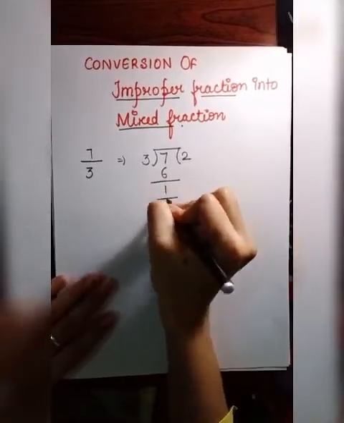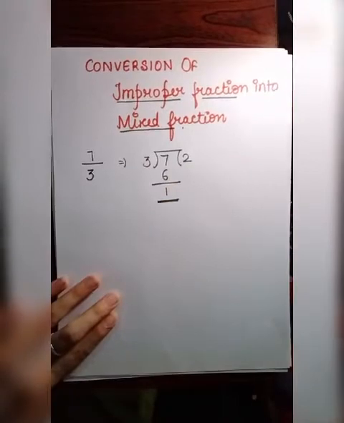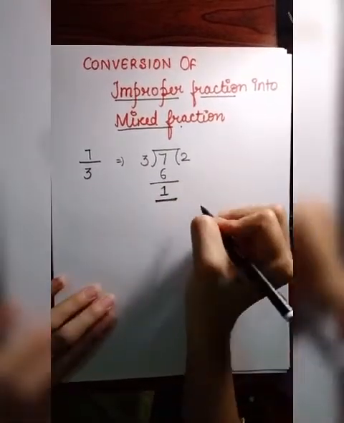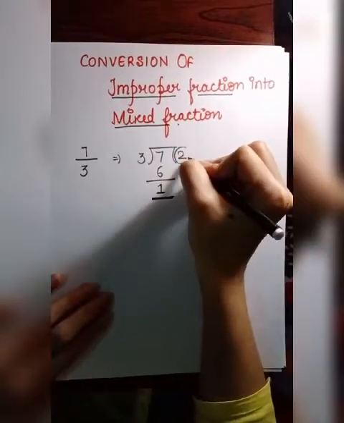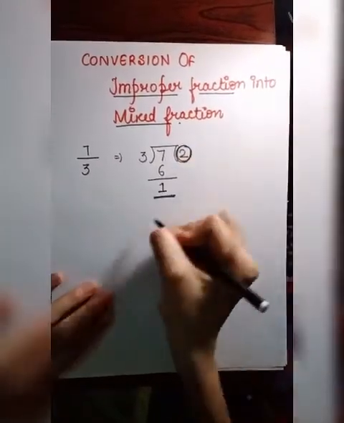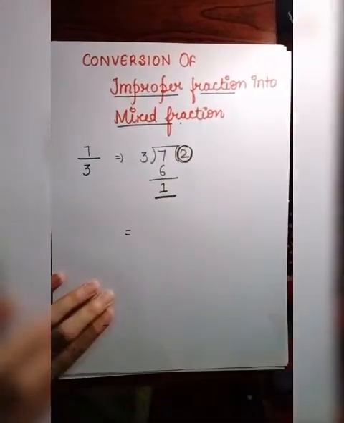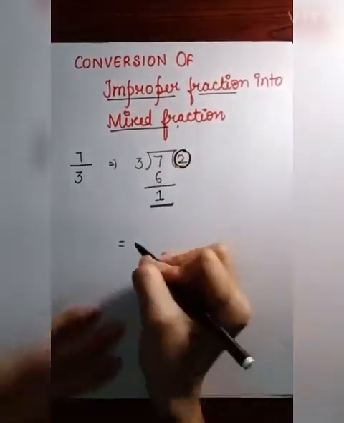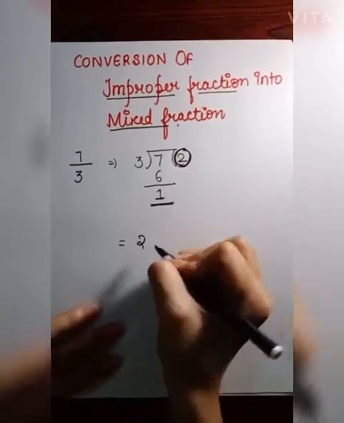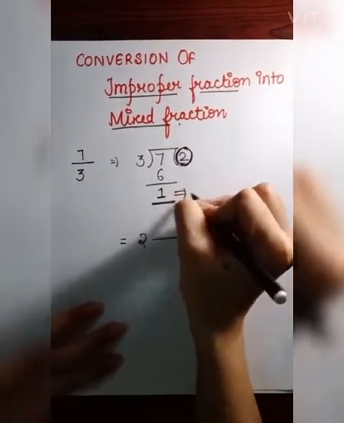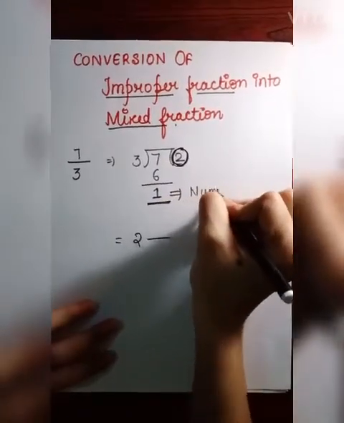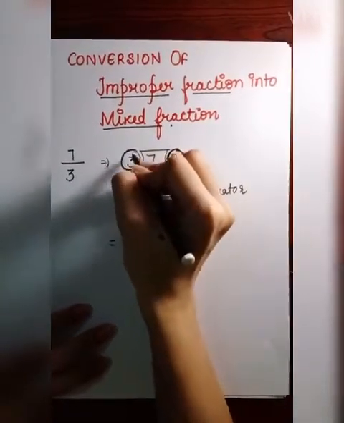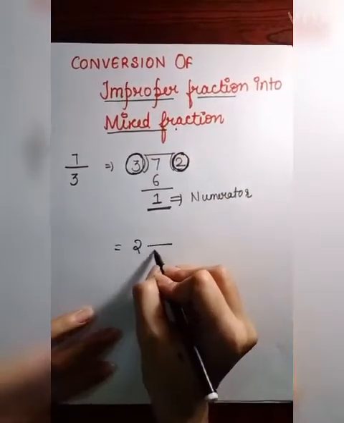Remainder is 1. We are not going to solve it further. We are going to leave it like this. So the quotient 2 is our whole number. This remainder is our numerator. And this will be our denominator.